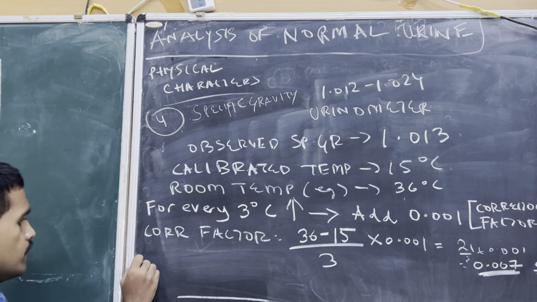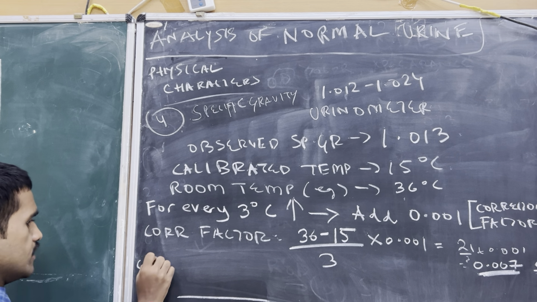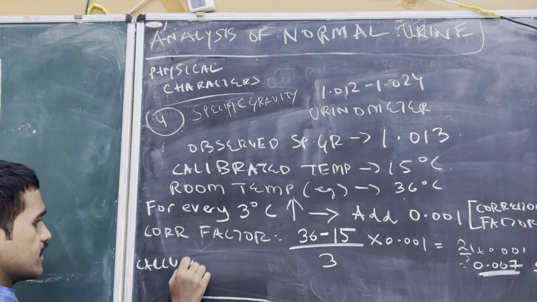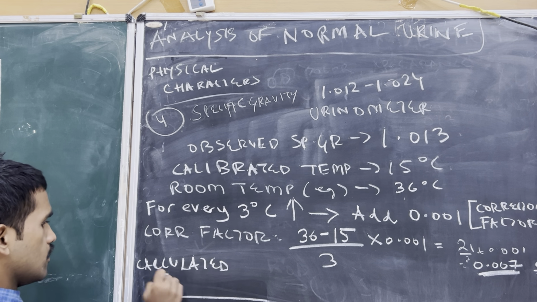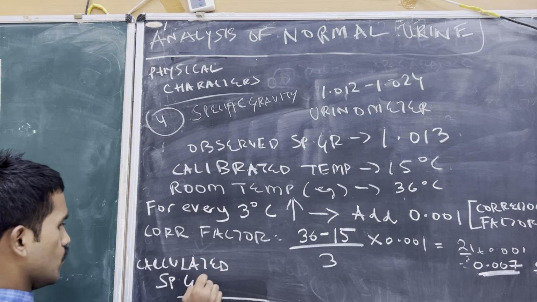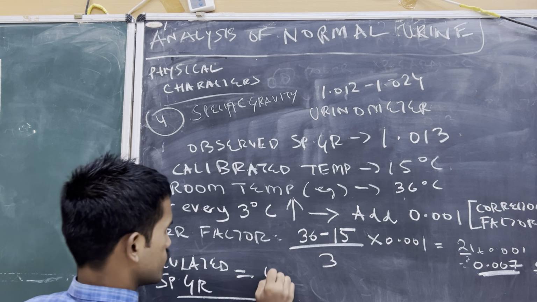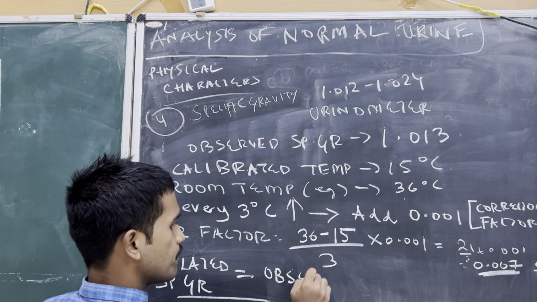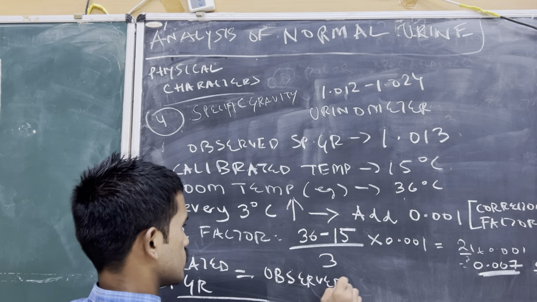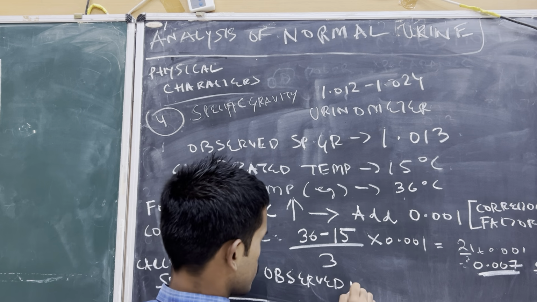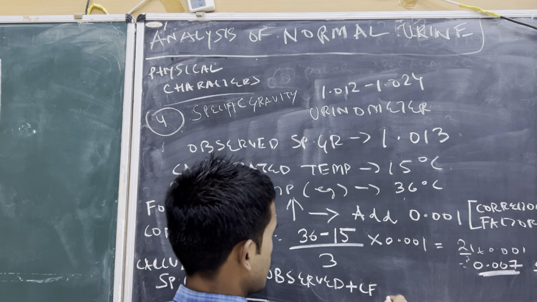So the final calculated specific gravity will be the observed specific gravity plus the correction factor.